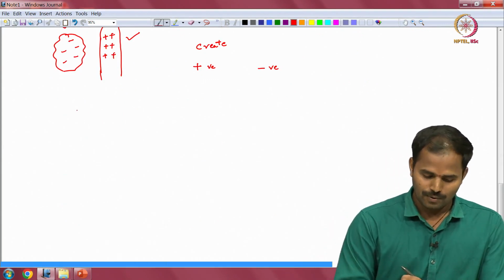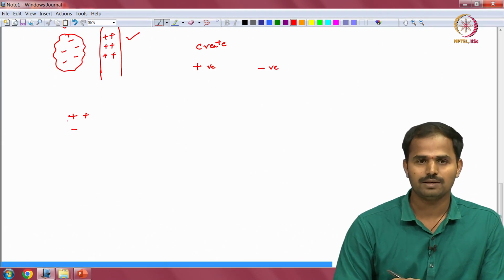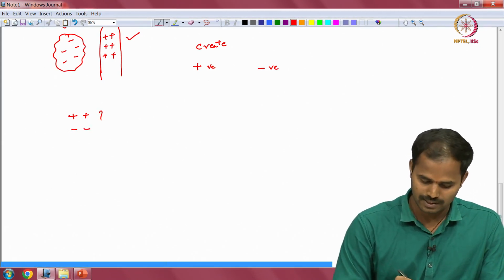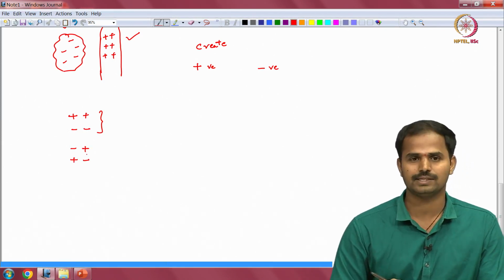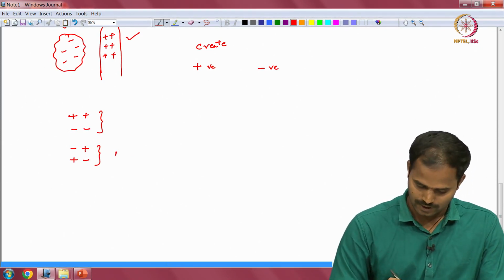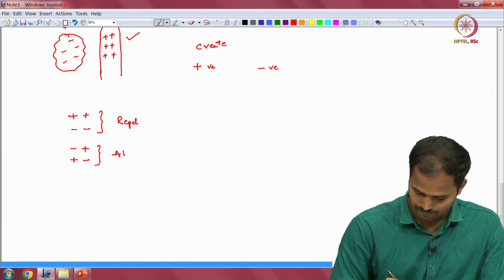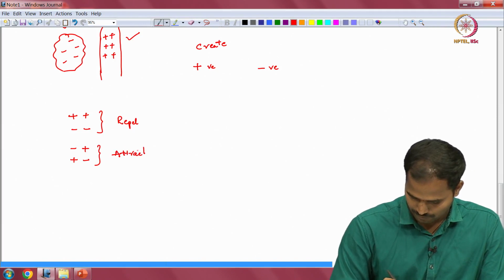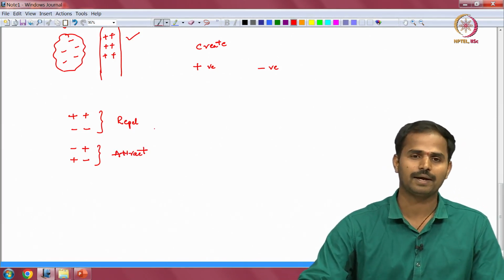So, now we have concluded that similar polarity charges will repel each other and opposite polarity charges will attract each other, right? Attraction and repulsion. So, what is the force of attraction? What is the magnitude?